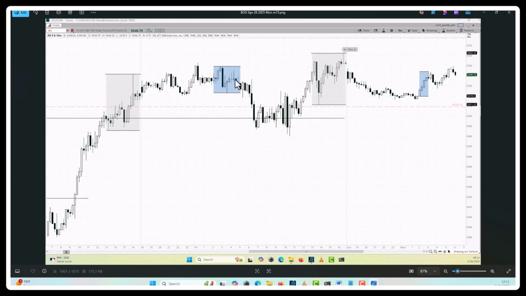Basically, last Friday, the PM made the high of the day. So if we take that, that fits the criteria of a Judas swing. You sweep out the liquidity and boom, it reverses. If you look at the chart, that's what we're going to see. And then let's see what happened at the end of the day.